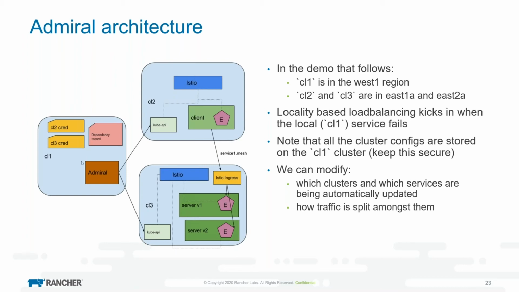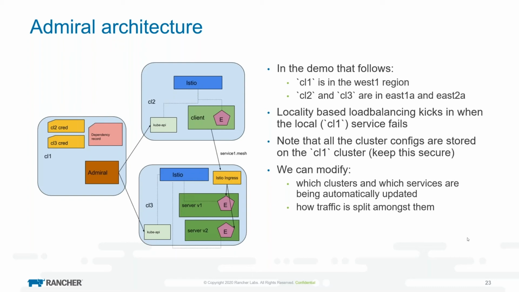If CL1 were to fail, we could automatically shift all the traffic from CL1 to the nearest locality. So if I had, let's say, a CL4 living in West 2, we could set it up so that it goes there because that would be the quickest path. And only if all of the West instances are dead would it go to CL2 and CL3.